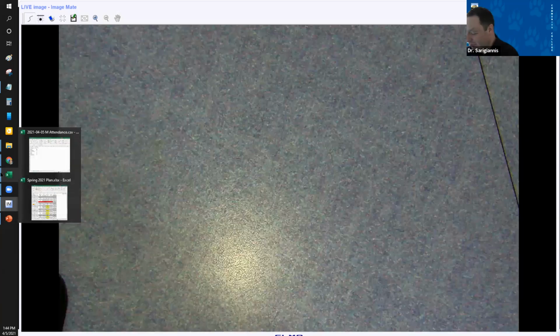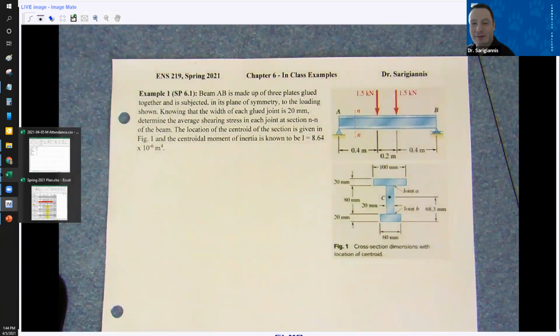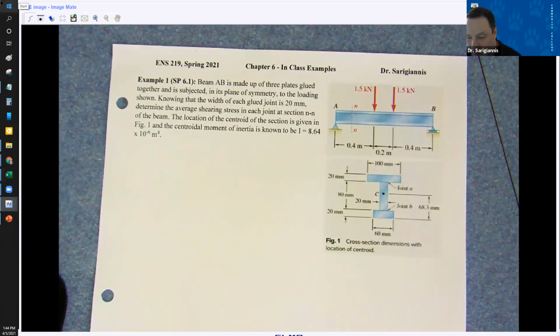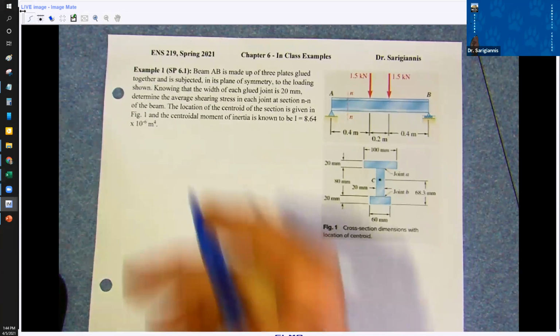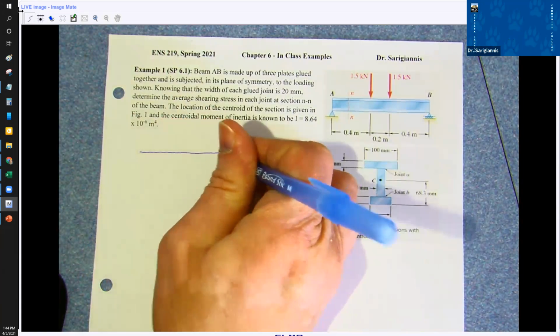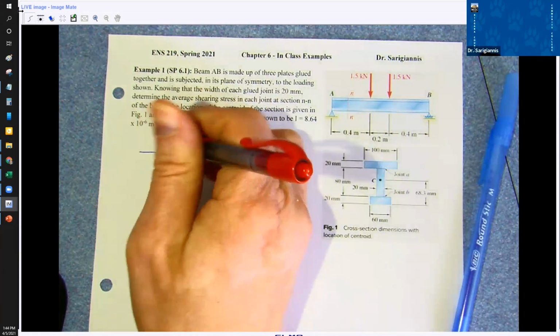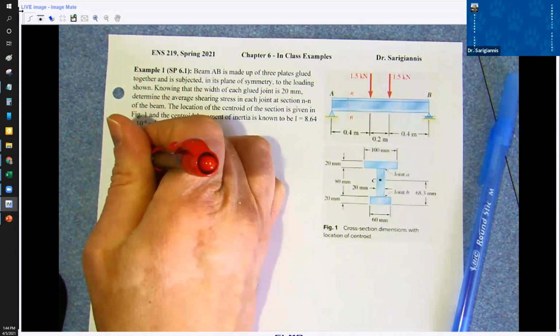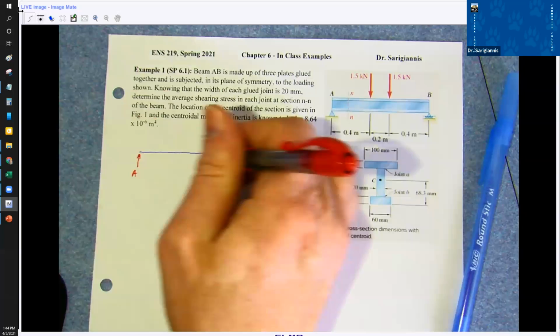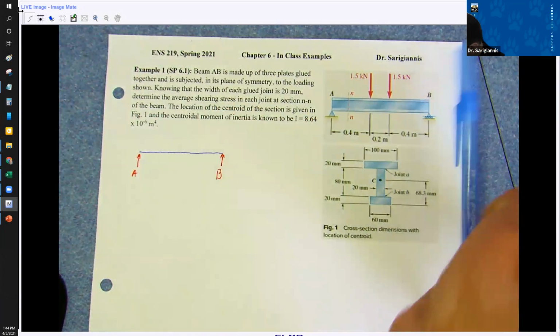So now let's look at this problem, and I'm going to start solving this. I don't think I'm going to get through it all, but we'll see how far we get. We can at least do the force balance. I'll sketch the beam. A and B, right?